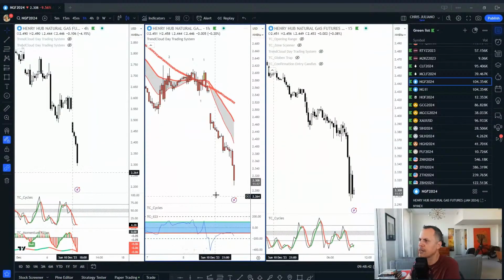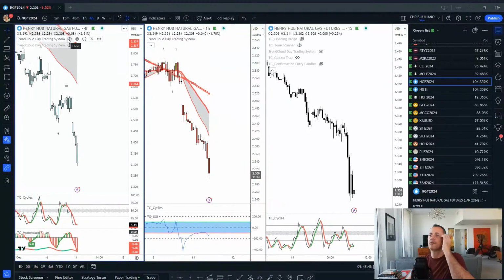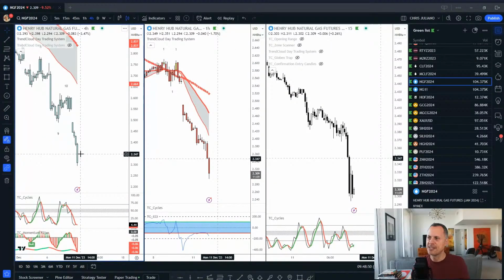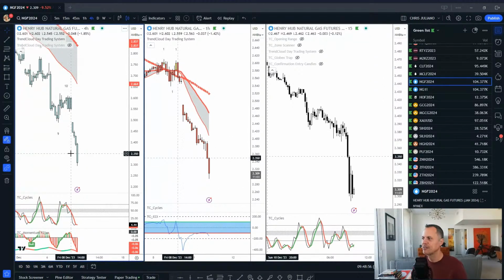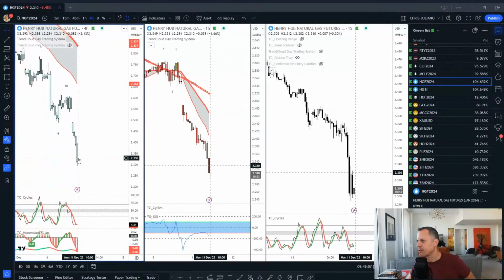All right, just recalculate everything, make it nice and neat, and put TrendCloud back up there. We're super extended, man. Super extended trend. Who knows? Maybe the weather report comes out in an extended trend and says it's going to be a really cold winter. That could be enough to change the direction here of our chart.